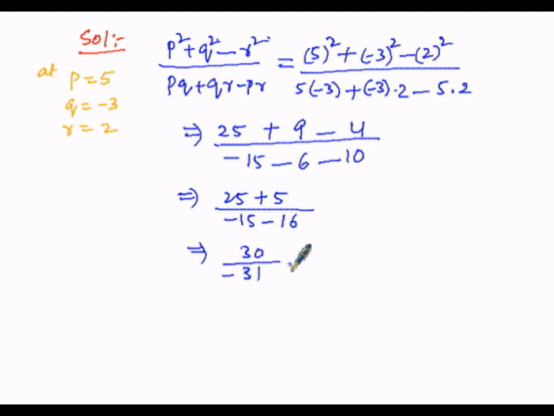So in this manner, the value of the multinomial is minus 30 by 31.